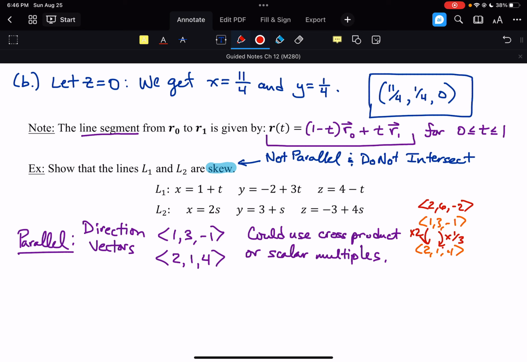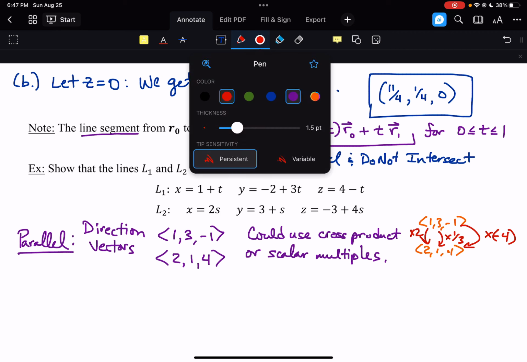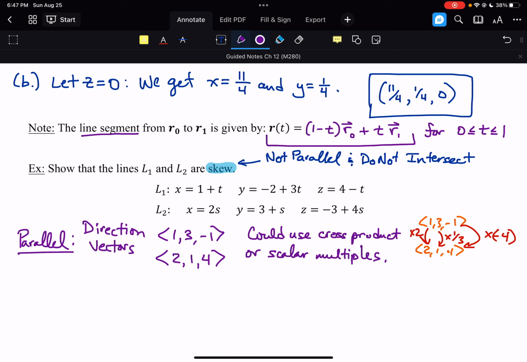It's been cut in a third, which does not match that same relationship. And then our third component here goes from -1 to 4, so this one is times -4. So clearly the ratio here is not the same for all of these. And we can see then that these vectors must not be parallel.